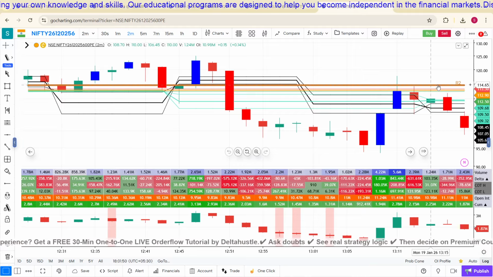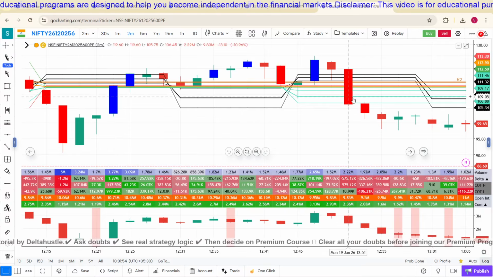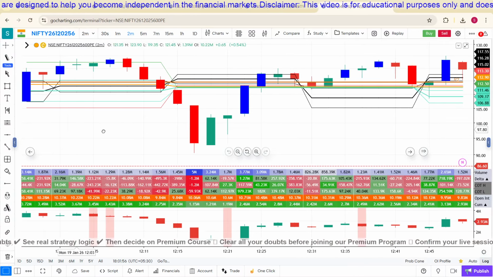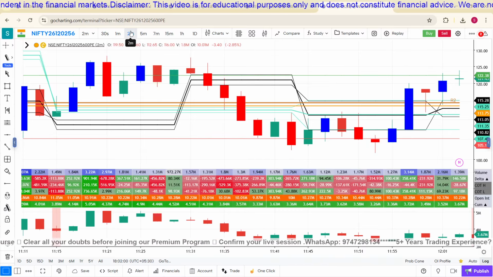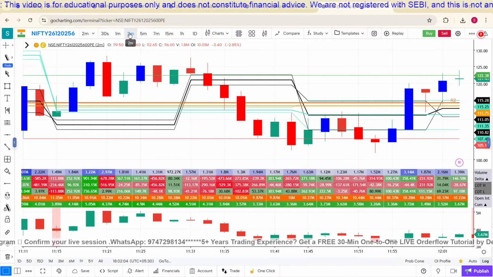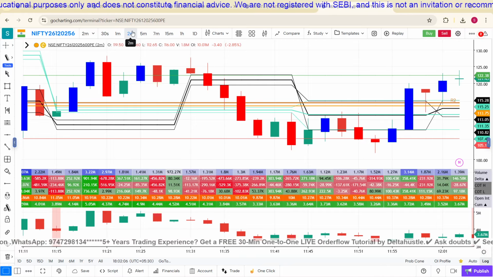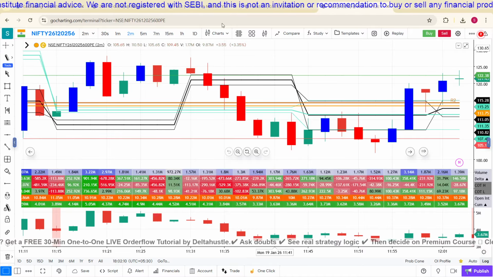Then another thing, it is not a clear breakdown. And I am using put options or Nifty weekly expiry options with a time frame of 2 minutes or 1 minute, not longer than that, because it has only 5 days of life.